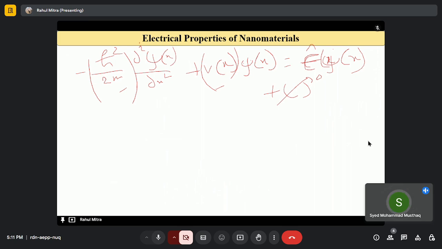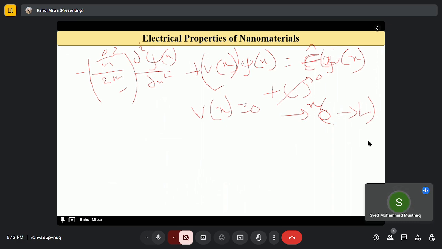Again, we are considering the potential energy between 0 and L: x is between 0 and L, and the potential energy is 0.